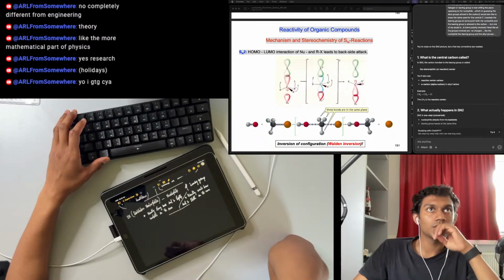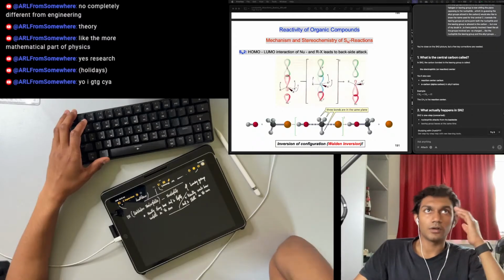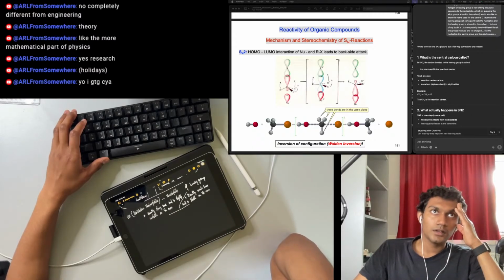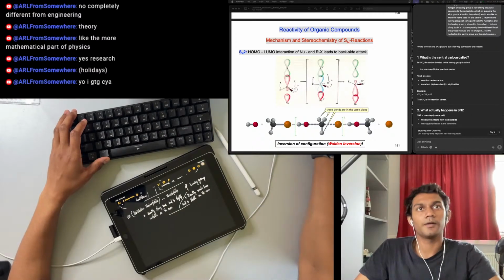In SN2, the carbon bonded to the leaving group is called the electrophilic center. You'll also see reaction center, carbon, alpha carbon. Reaction center, okay. Oh, that's the name, okay.